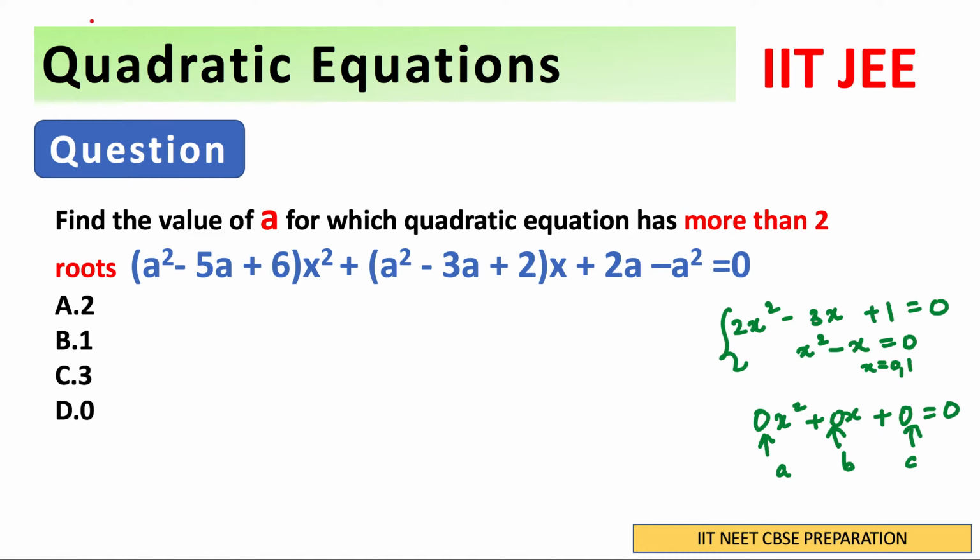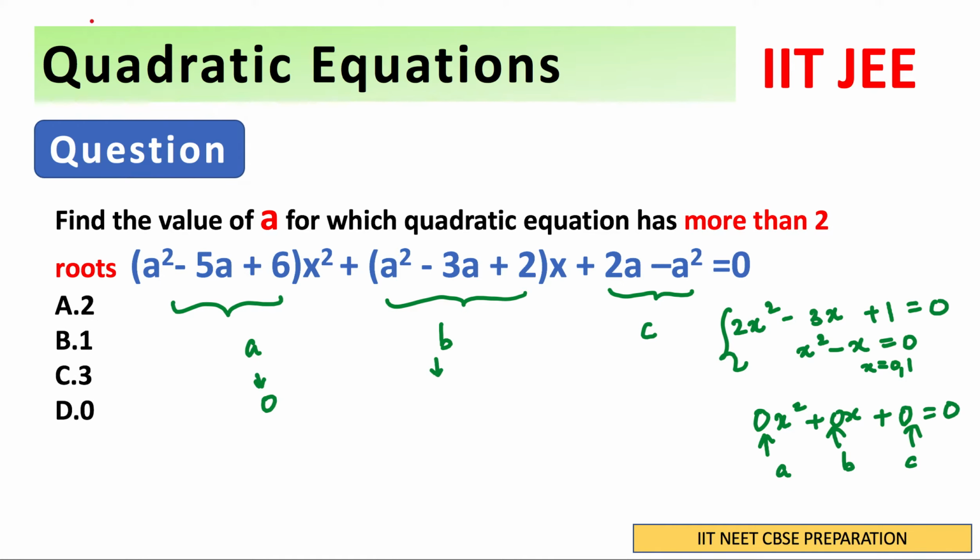We have this quadratic equation, but they are saying that it has more than two roots. More than two roots means it's an identity. It means that the coefficient of x square, the coefficient of x, and the coefficient c, so a, b and c, all of them are going to be nothing but 0.